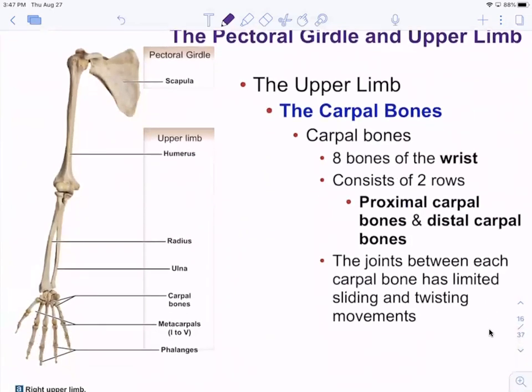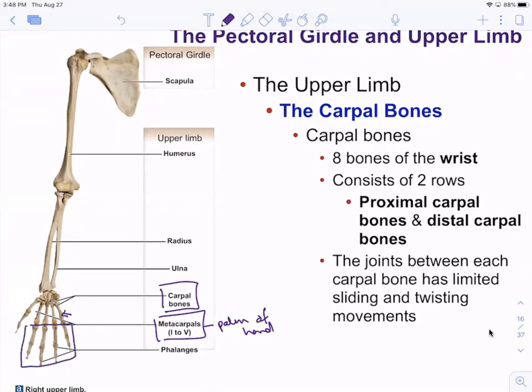So moving down, we have carpal bones. Those are your short little bones at the proximal end of your hand, and we'll go through the carpal bones. Then the palm of your hand is made up of metacarpals, meta meaning with the carpals. And then your fingers are your phalanges.